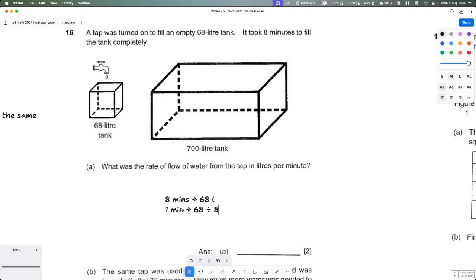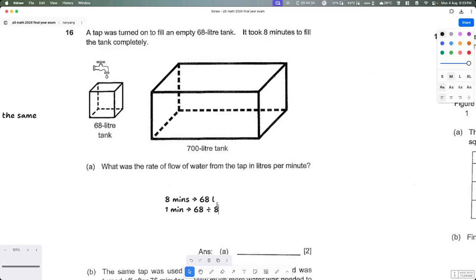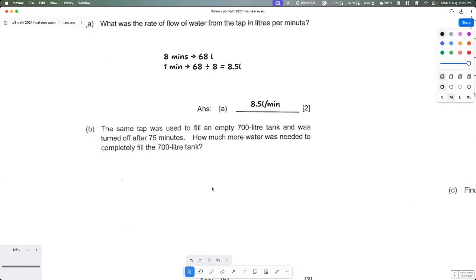There will be a decimal. 68 divided by 8 is 8.5 liters. So the answer to this is 8.5 liters per minute. Okay, let's move on to the next question.